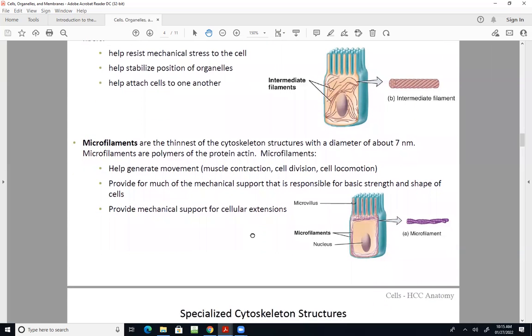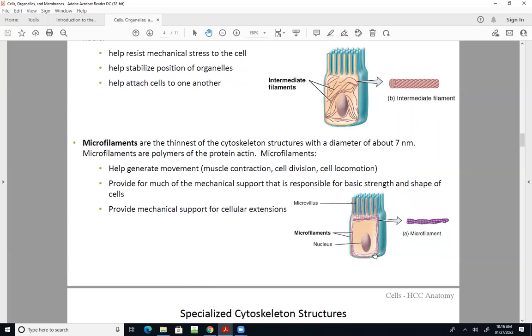The smallest, thinnest ones are our microfilaments, only having a diameter of about 7 nanometers, made up of a protein called actin. They help generate movement, like when our muscles contract, when our cells divide, or when our cells move. That's what locomotion means, which we'll talk about on the next page. They provide much of the mechanical support responsible for basic strength and shape of the cells.